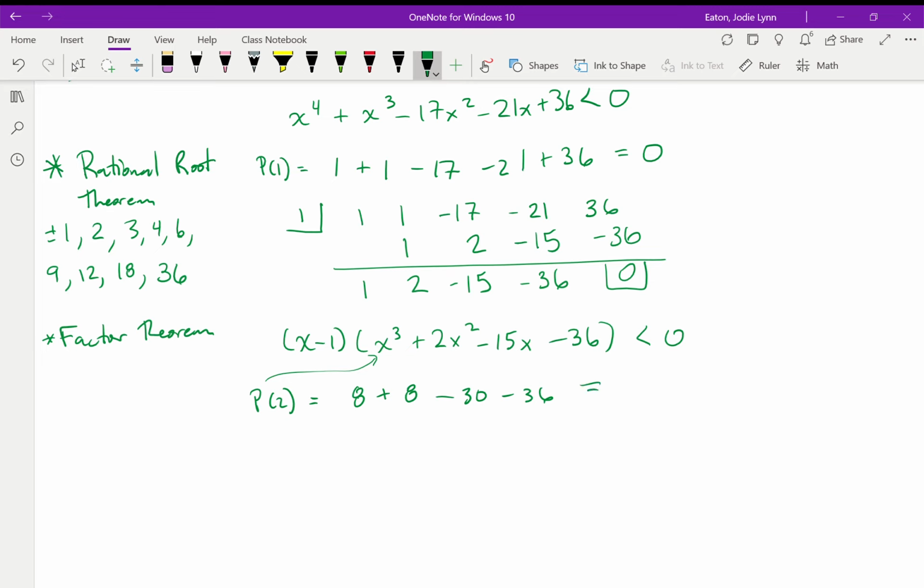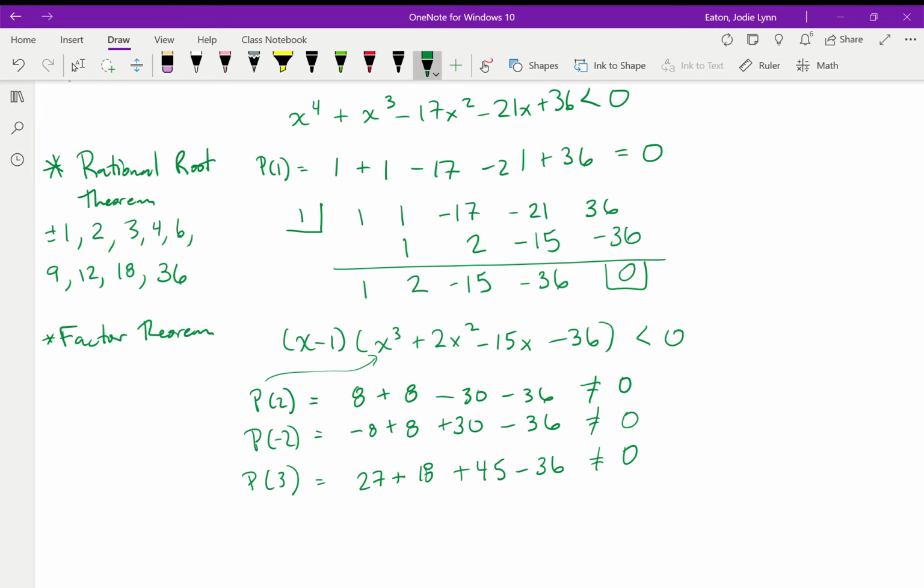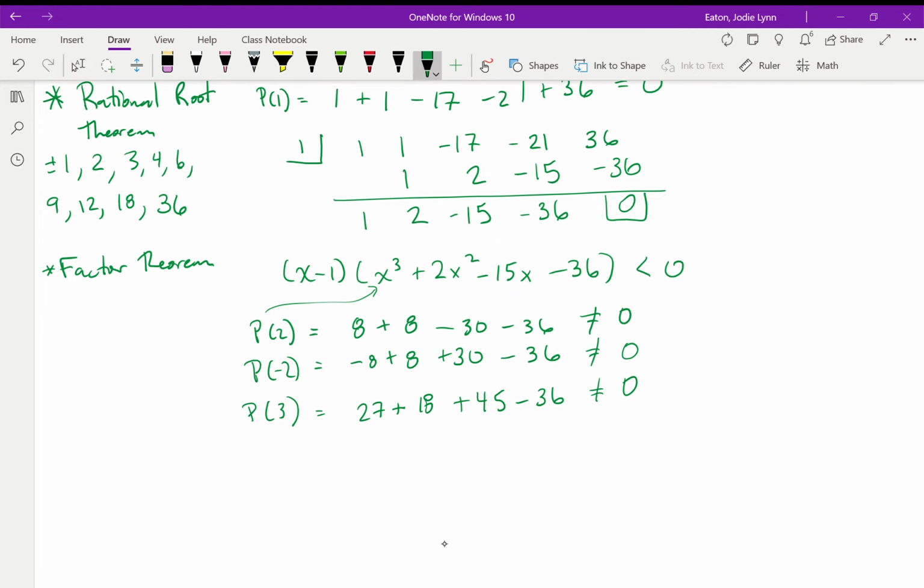That one's clearly going to be negative, so not zero. Now p of 3: we get 27 plus 18 minus 45, minus 36. That's close, but not quite.